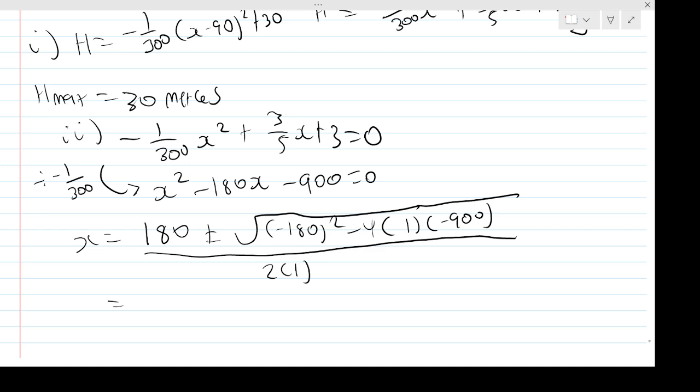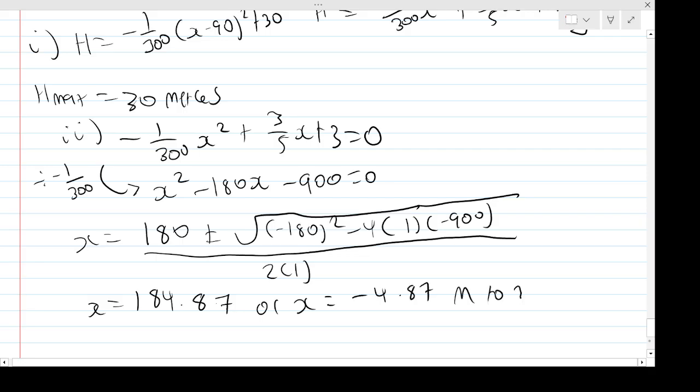And therefore, if I solve that, put that in the calculator, I get this value, x is 184.8... or minus 87 meters to 2 dp.